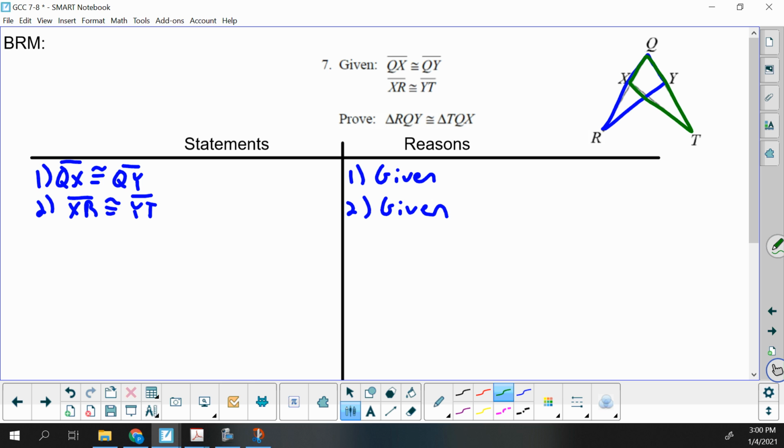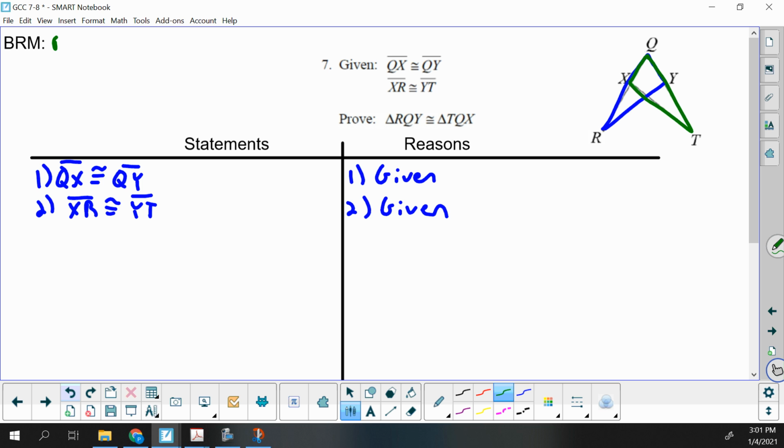So for our basic rigid motion, how we could get this, we would essentially need to reflect over that, and it would reflect onto itself. Well, that would be tough to write with our notation, so we're just going to write it out in sentences.